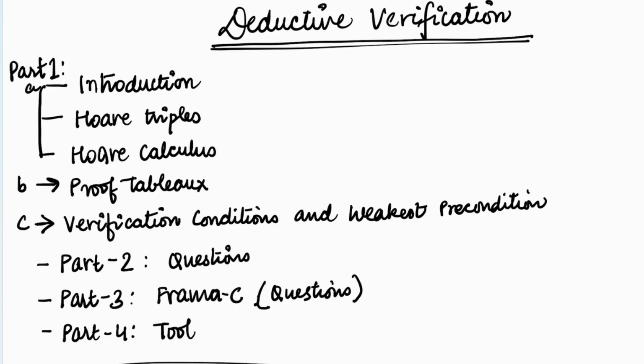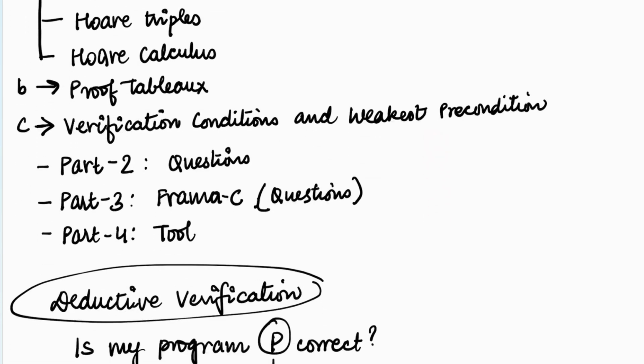Secondly, we'll talk about Hoare triples. This is a very important concept which will then lead to Hoare calculus. The B part, that is the second part of our whole series, will have proof tableaux, and the third part will have verification conditions and weakest precondition.